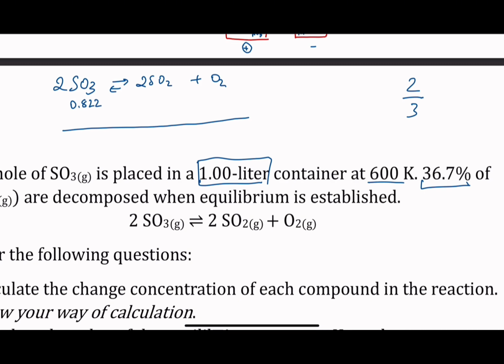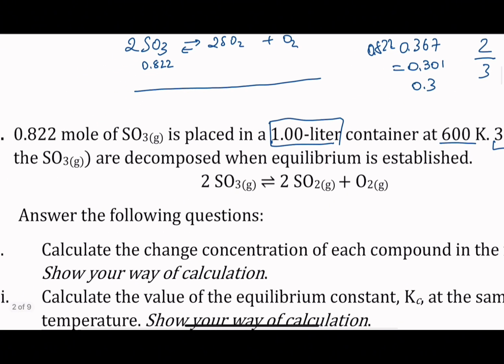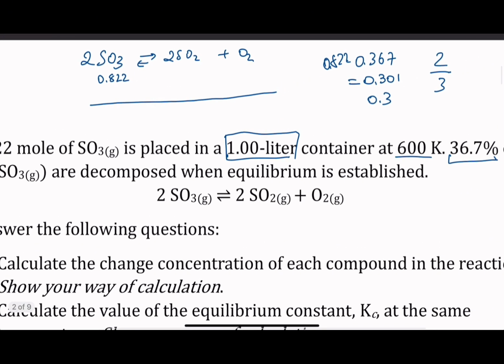Okay, so 0.367 multiplied by 0.822 gives you 0.301. So we can just say it's 0.3. So that percent of SO3 is decomposed, meaning that this is gone while the rest is left here.